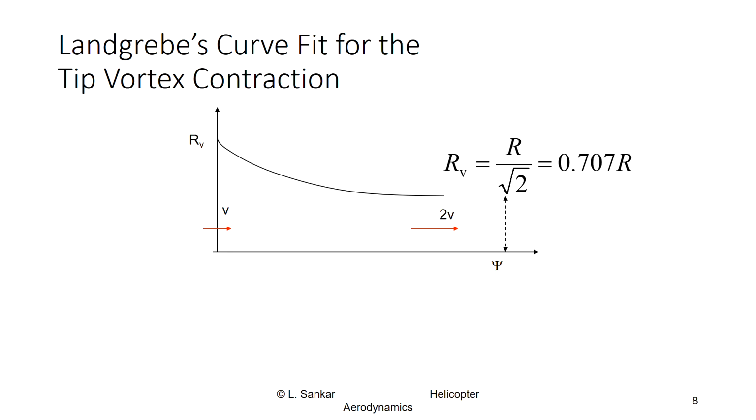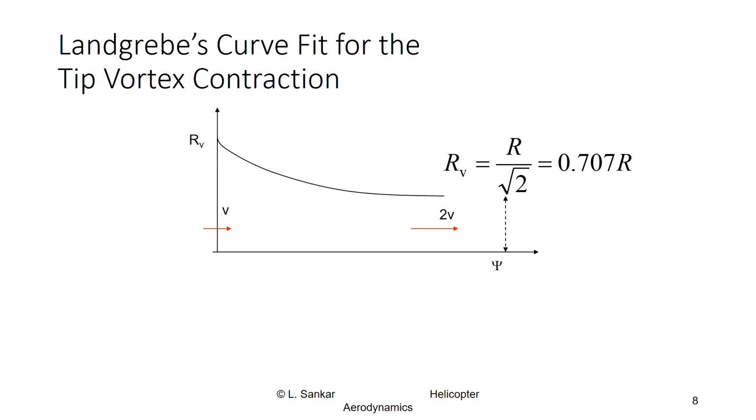So how did Landgrebe curve fit? He said, okay, if you look at a tip vortex, initially the rotor disc has a disc area A. We know from our momentum theory the induced velocity at the rotor disc is v. In the far wake, very far away, the induced velocity is 2v, because density times area times velocity is the mass flow rate inside this tube.